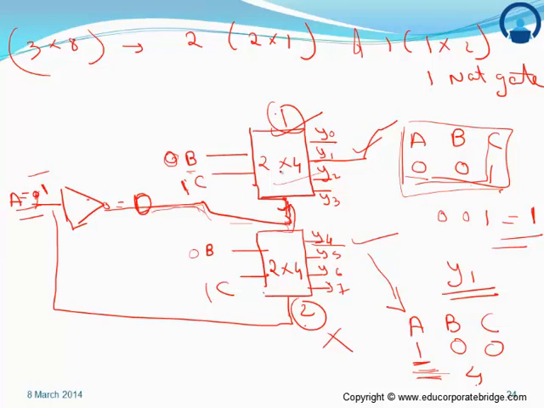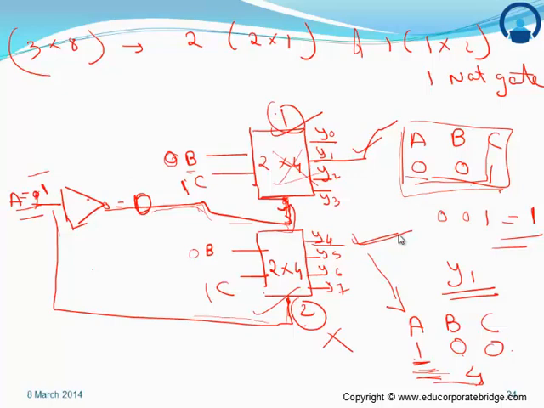Therefore, this decoder will not be selected, as the enable pin is low. A is equal to 1, therefore the enable pin for decoder number 2 is high. Therefore, the decoder 2 is selected in this case. And since the value is 1, 0, 0, that is 4, output 4 is selected.